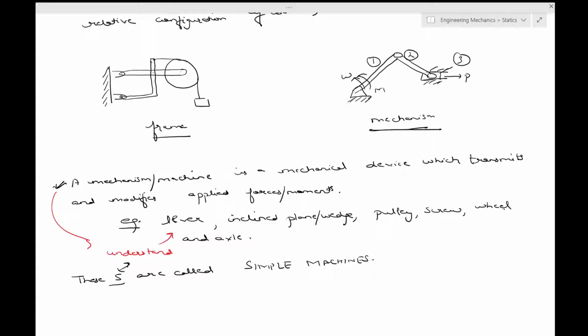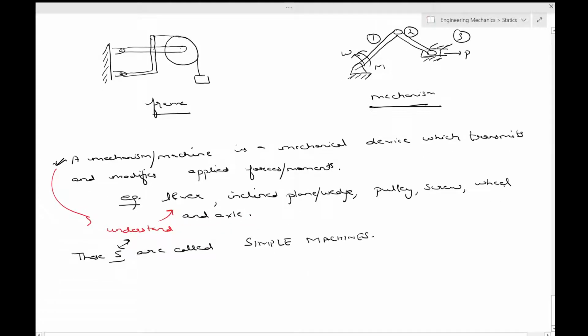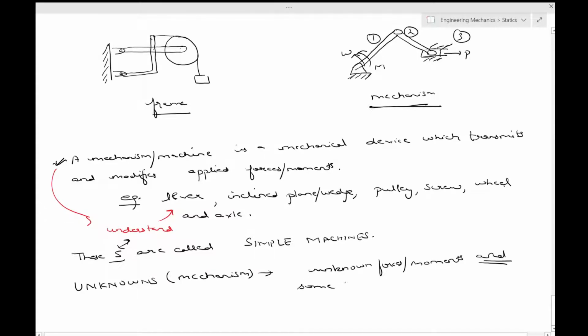So because there is a change in the configuration, the unknowns in mechanisms will be some unknown forces, moments, or I could have just written load, and some unknown coordinates specifying its equilibrium condition.